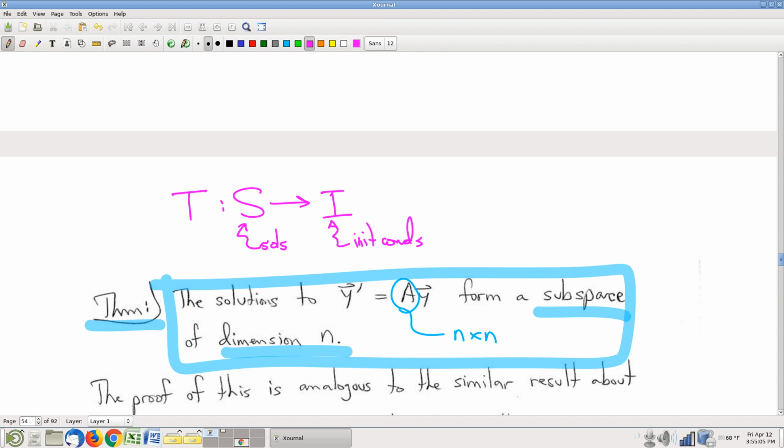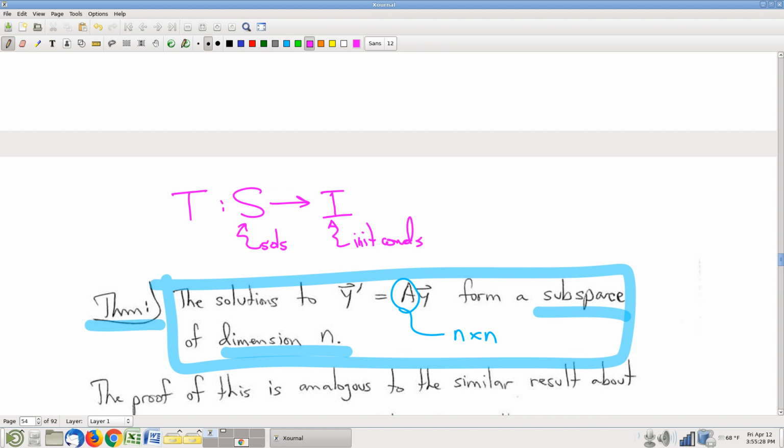And let me tell you what this linear transformation is. The linear transformation is: plug in x equals x naught. Right? You have a solution. You can just write down, okay, what are the initial conditions for that given solution? Plug in x equals x naught. So that's easy to write down.